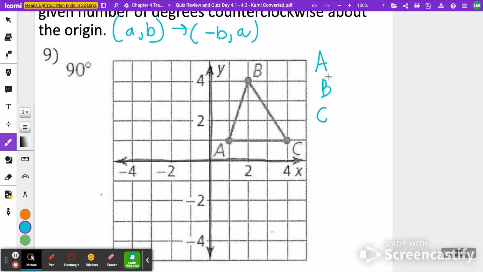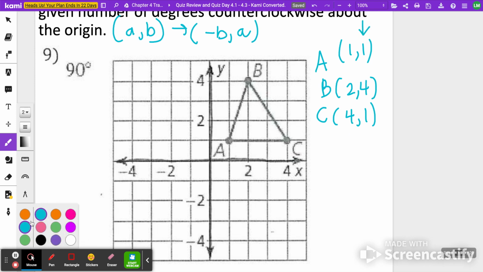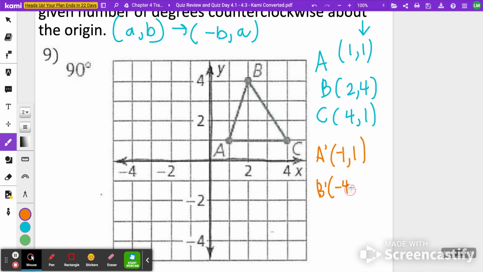A, B, and C. A is at (1, 1), B is at (2, 4), and C is at (4, 1). So to switch these around, the B's are going to be their opposites, and they'll be switched to the front. So A prime would be (-1, 1), B prime would be (-4, 2), and C prime would be (-1, 4).